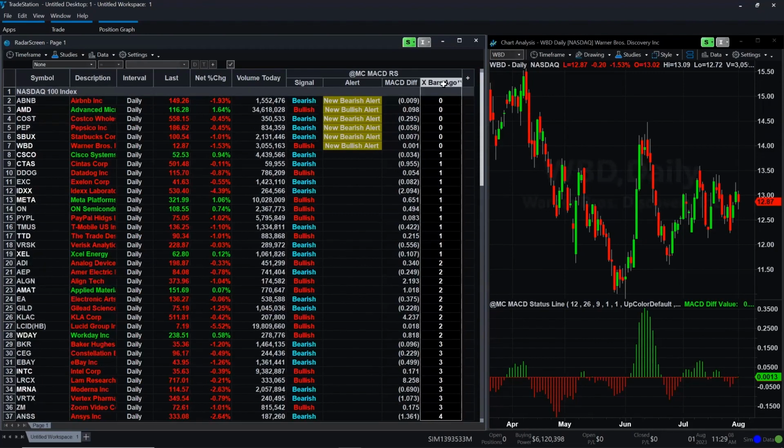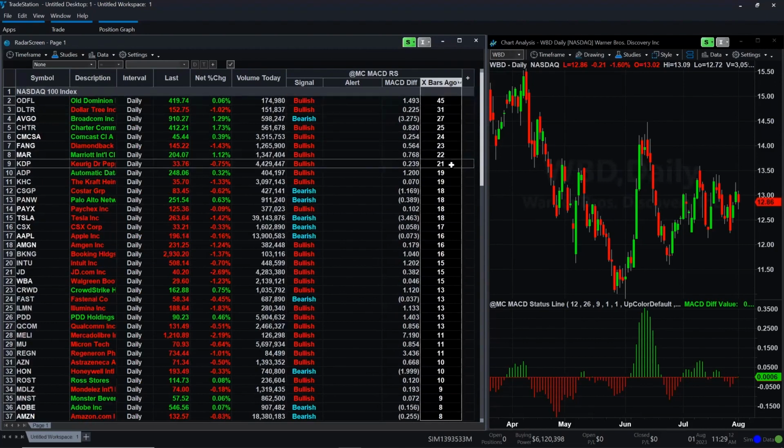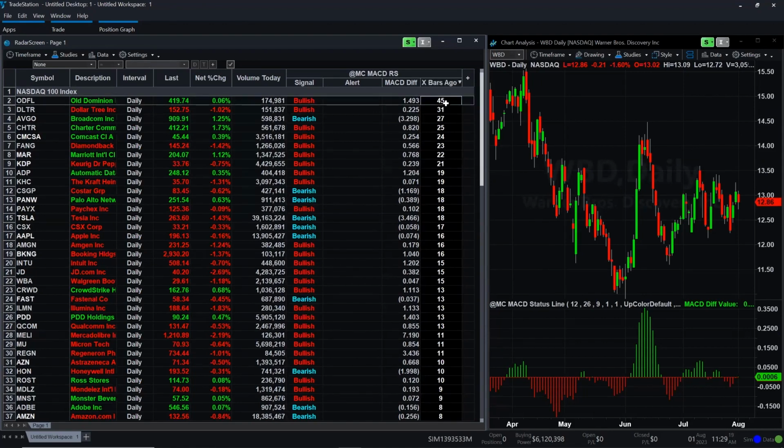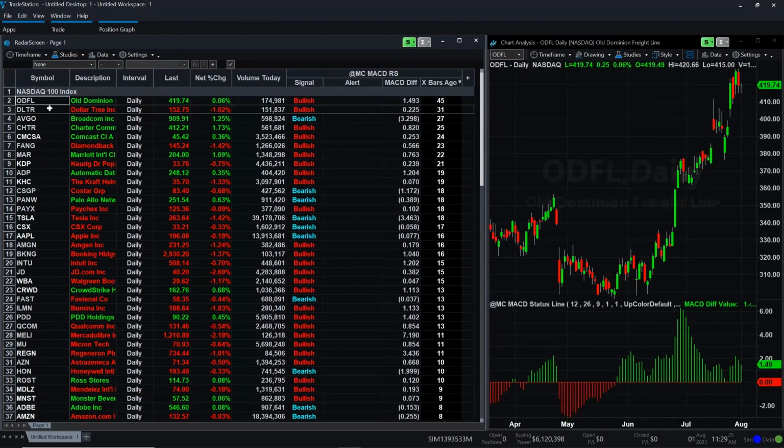If I double click on X bars ago and I do it twice so that the values are sorted in descending order, you can see the symbol that has not crossed the longest. In this case, ODFL, it's been 45 days since the last time it crossed. Does that mean anything?